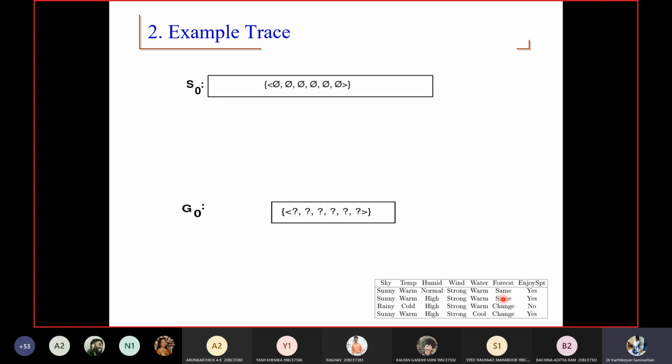Now this is your turn. If you come up with the answer, then you will be on the right track. Since the third instance is a negative example, you don't want to touch the specific S. So S3 is nothing but S2. You keep S3 as S2: sunny, warm, question mark, strong, warm, same.